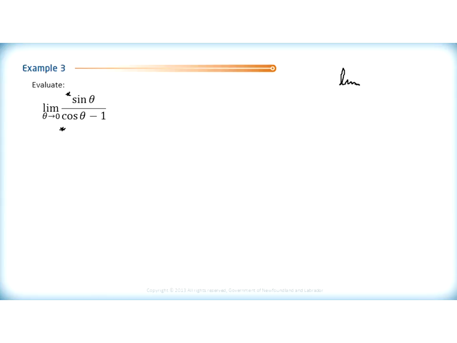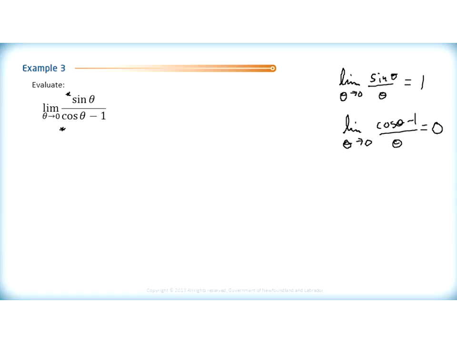So we're going to remember that if I had the limit as theta approaches 0 of sine theta over theta, I know that is 1. And I know that if I had the limit as theta approaches 0 of cosine theta minus 1 over theta, that one actually turns out to be equal to 0.